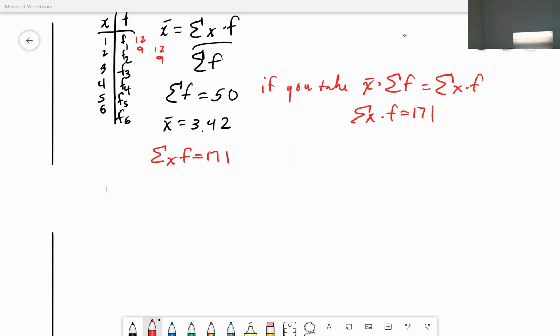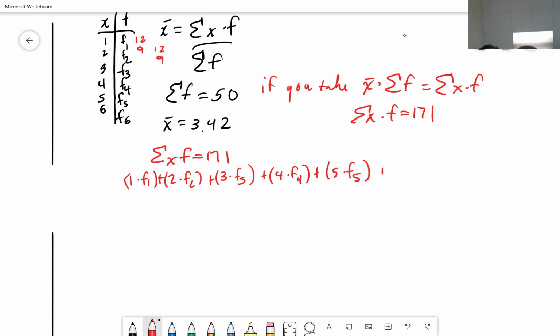Okay, so let's explore. So you have 1 times f of 1 plus 2 times f of 2 plus 3 times f of 3 plus 4 times f of 4 plus 5 times f of 5 plus 6 times f of 6, all must equal 171, all divided by 50.